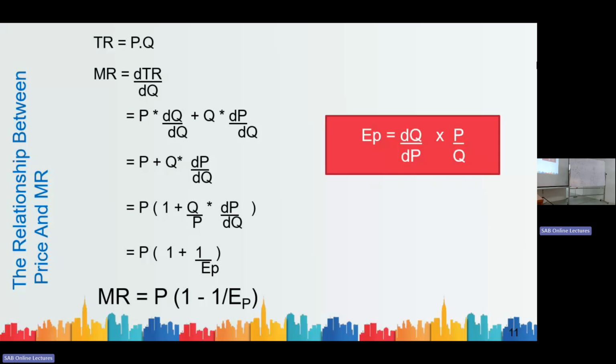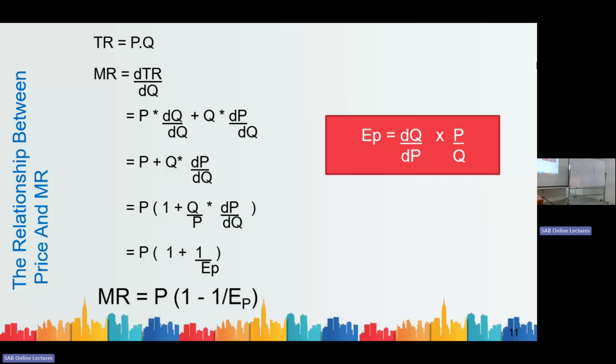Don't say demand is elastic, demand is inelastic. It should be demand is price elastic, demand is price inelastic. That is the correct term you should use. The price term should always be there, because we measure other elasticities as well, such as income elasticity and cross price elasticity.